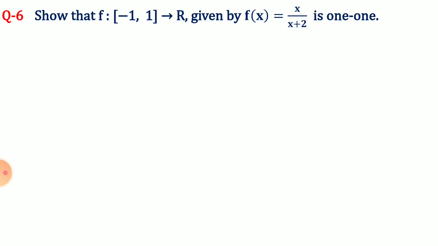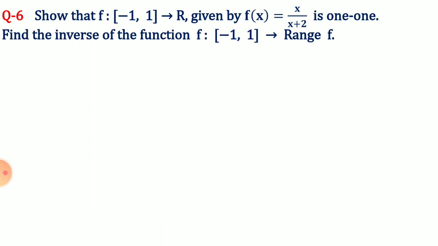Now question number 6. Show that f from the closed interval [-1, 1] to R, given by f of x equal to x upon x plus 2, is a one-one function.